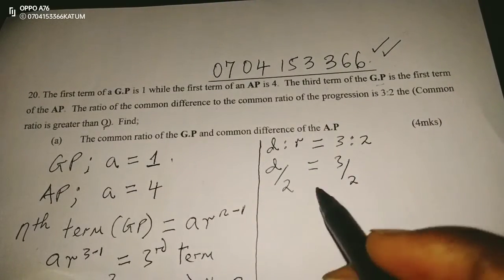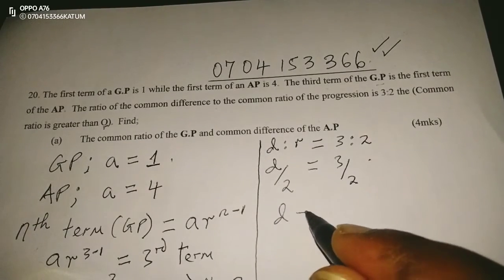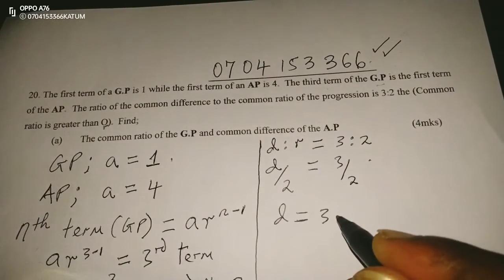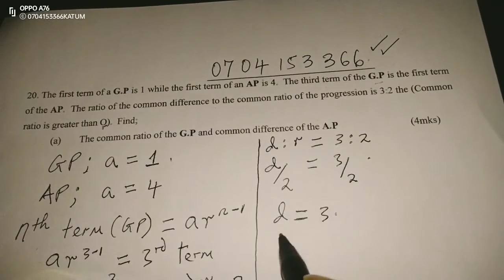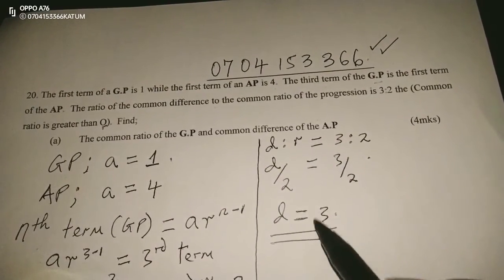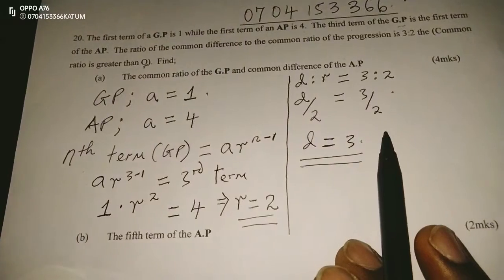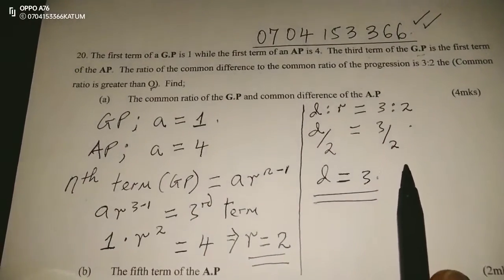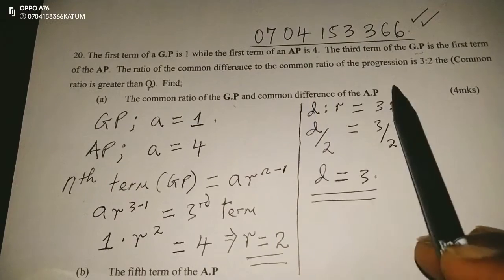When we cross multiply, you realize that the value of d is going to be 3, because the half can cancel from both sides. Therefore, the common difference for the AP is 3, and the common ratio for the GP is 2. We were finding the common ratio of the GP and the common difference of the AP.